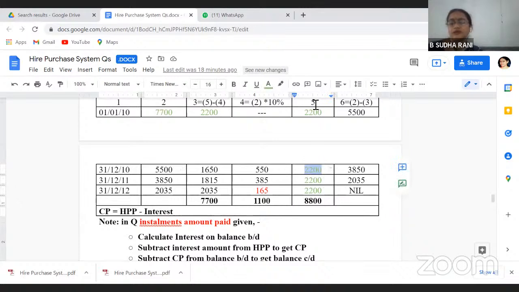First year down payment, then first year ending, second year ending, third year ending: 3 installments of equal amounts, 2,200, 2,200, 2,200.